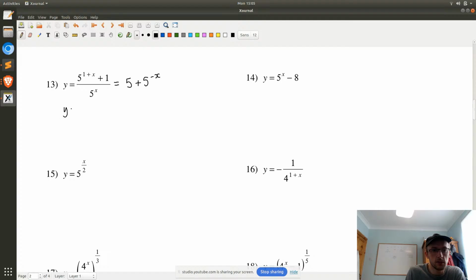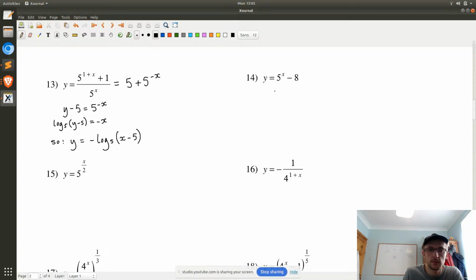And now do y take 5 equals 5 to the negative x. And then do log base 5 of both sides. Log base 5 of y take 5 is negative x. So y is negative log base 5 of x take 5.